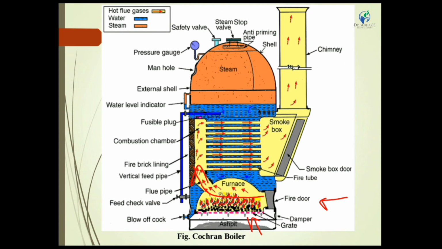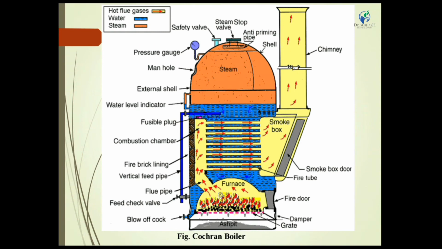Then these gases are passed to the smoke box. The smoke box separates the carbon-containing fly ash, the unburned carbon, and the completely gaseous form of the ash is transferred to the chimney, and the chimney gives it out to the atmosphere.